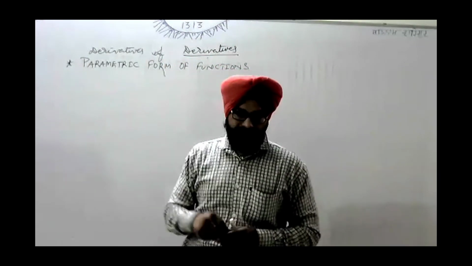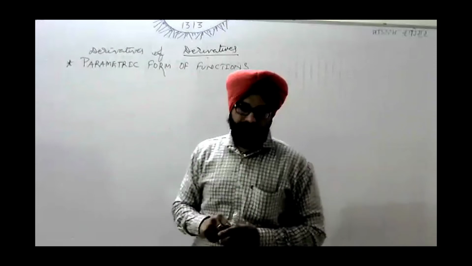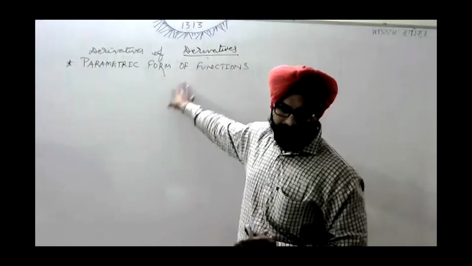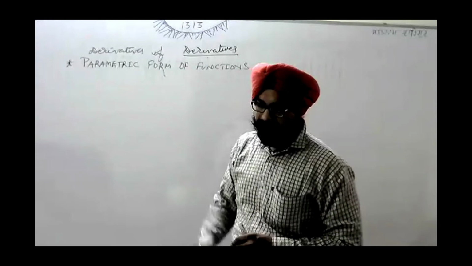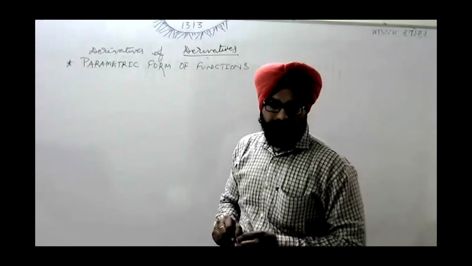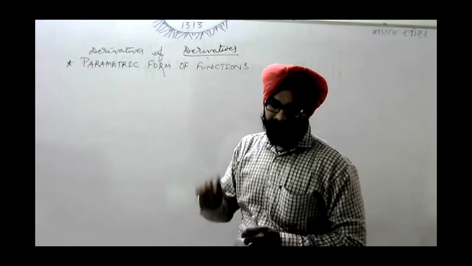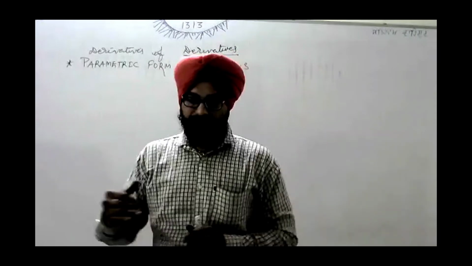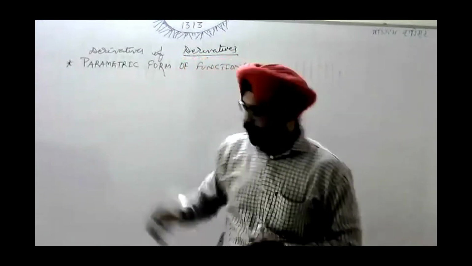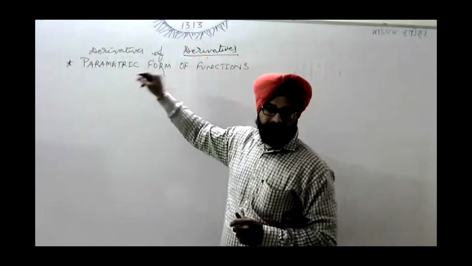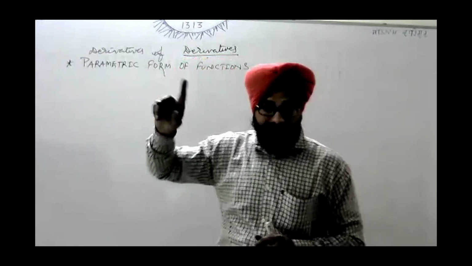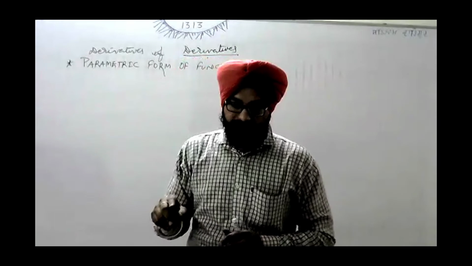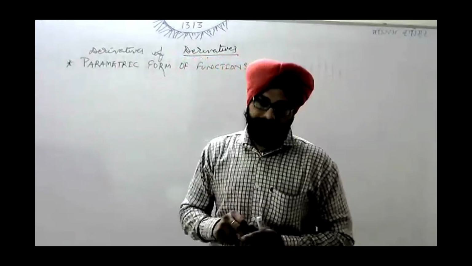In the first example, I say take y equal to the given function. In a parametric function, what happens? We have a parameter. Parameter means the third variable. Listen to my words, this is important. In simple language, a parameter means a third variable other than x and y, which relates both of them.